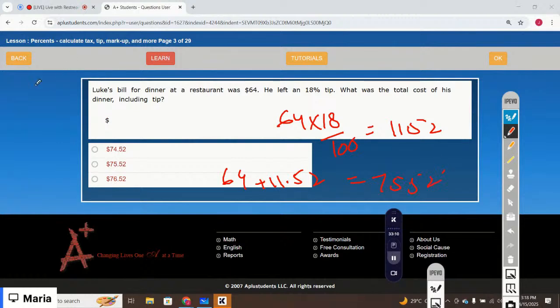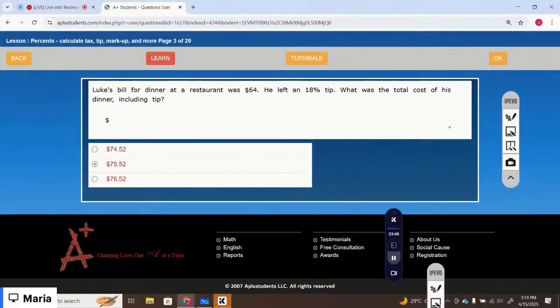Option number 2 is the correct option. That is 75.52.